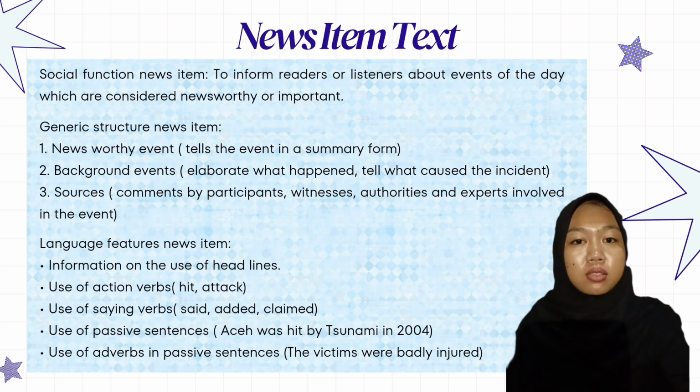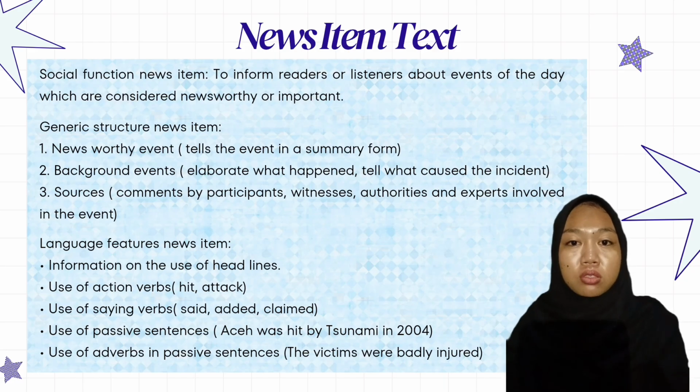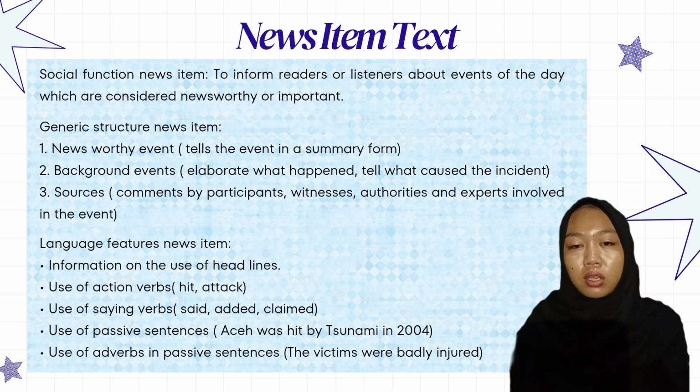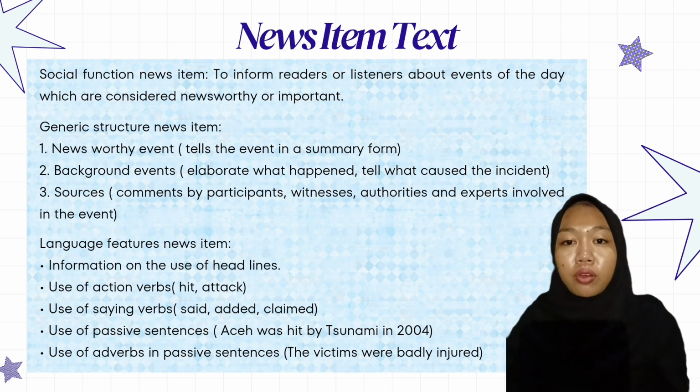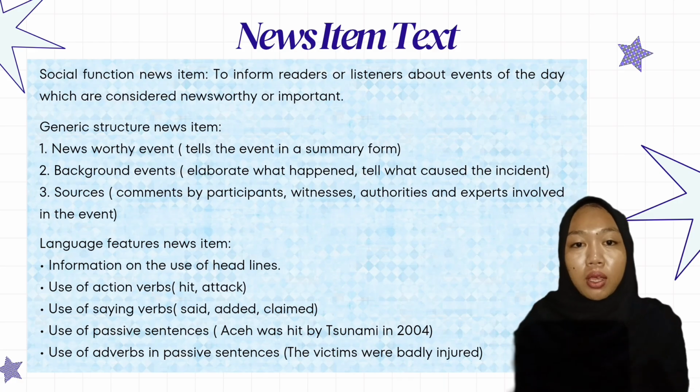News item text is a text that informs readers or listeners about important or newsworthy events. The general structure consists of newsworthy events, background events, and sources. Newsworthy events means the main events being reported. Background events explain what happened and the cause of the events.